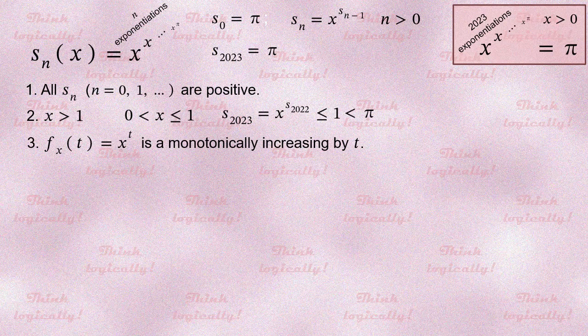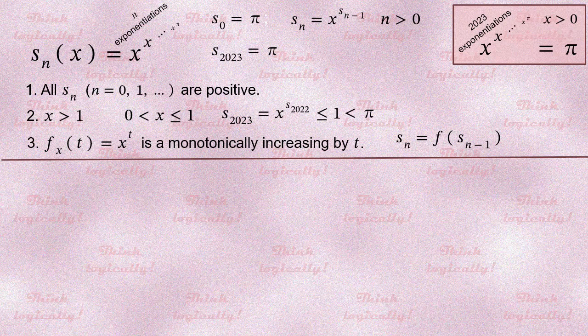Using function f, the recursion equality can be rewritten as s sub n equals f of s sub n minus 1. And you have another chance to complete the solution on your own. Let's consider three cases. Case A, when x to the power of pi is more than pi.